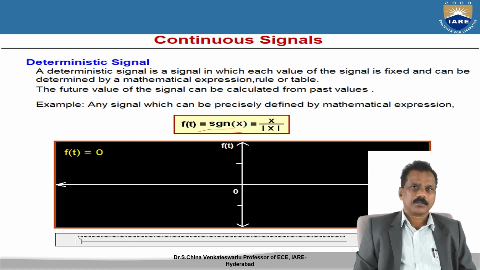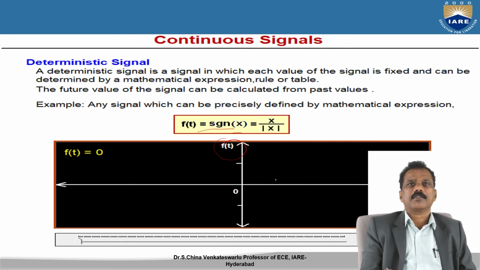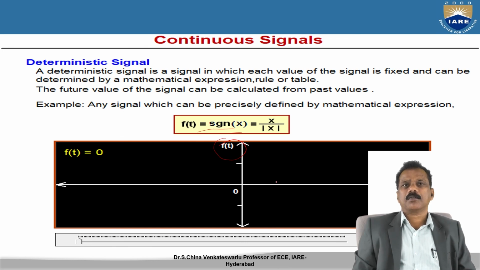Here also graphically we write to verify the deterministic signal, and likewise to verify a non-deterministic signal. t versus f of t, x-axis the t, y-axis f of t. Initially f of t is equal to 0, whatever, and it goes on varying.